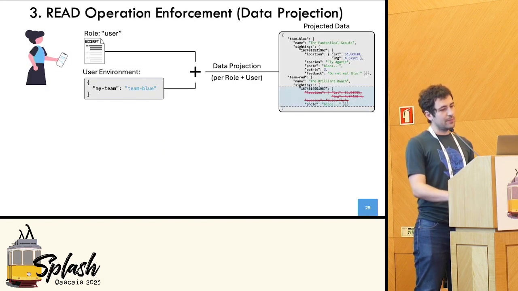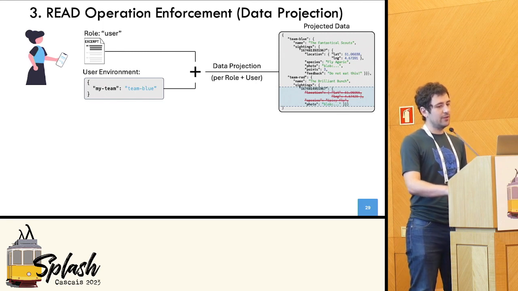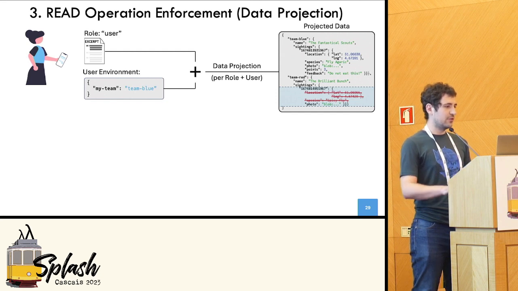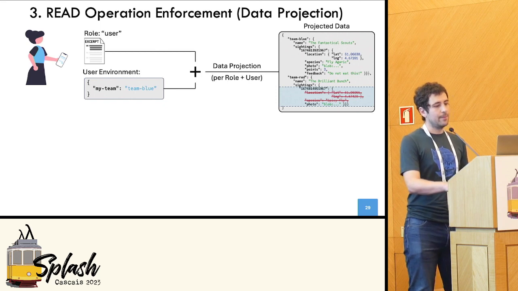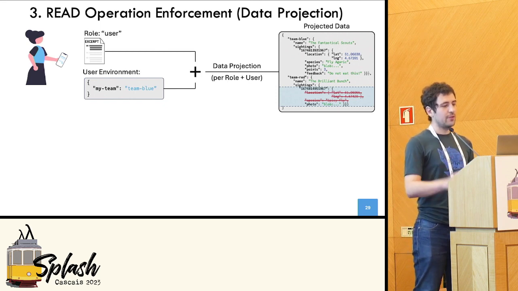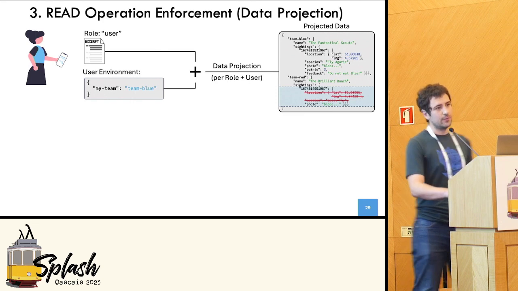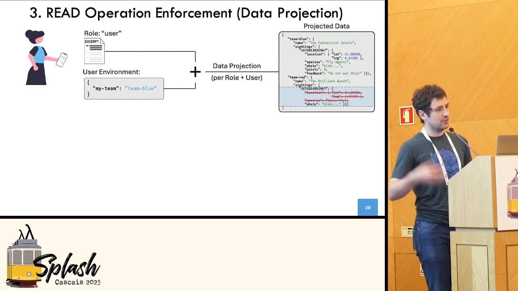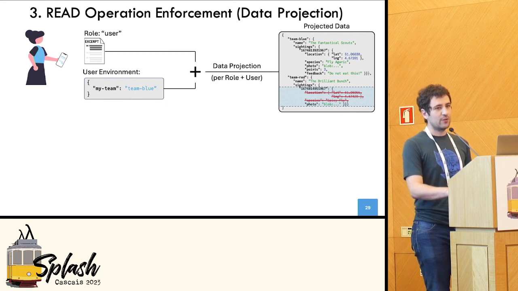In the third step, the security policy excerpts are combined with a user environment, which is like a set of properties about the user which are defined on the application server. It is combined with the policy excerpt to create a projection of the application data. In the motivating example, since the blue user does not have read access to certain fields of the data about the red team, the struck out fields will be removed from the object before it is sent to blue users.